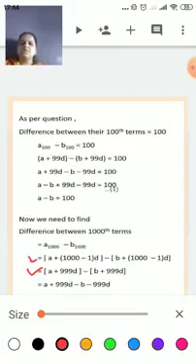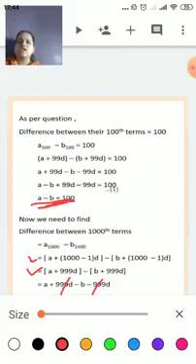So minus b minus 999D. So a plus 999D minus b minus 999D. Here plus 999D and minus 999D get cancelled, and we get a minus b.